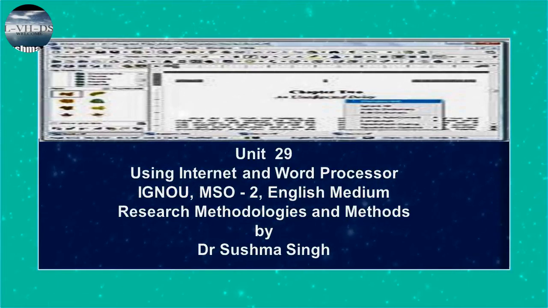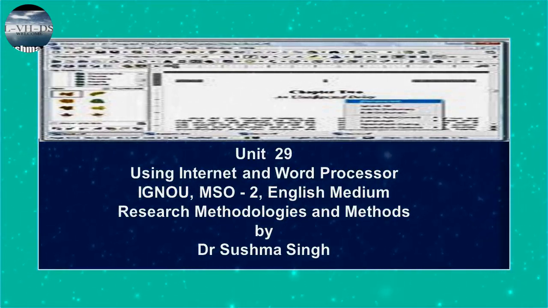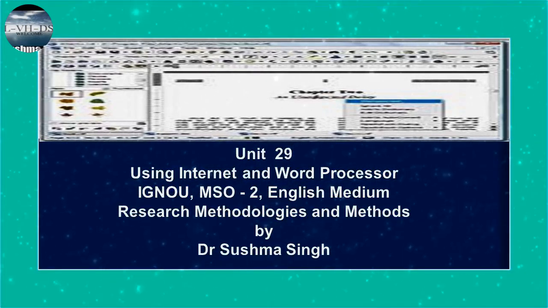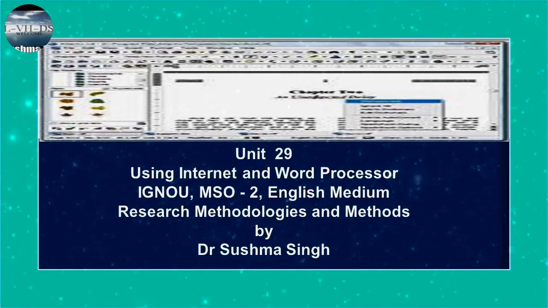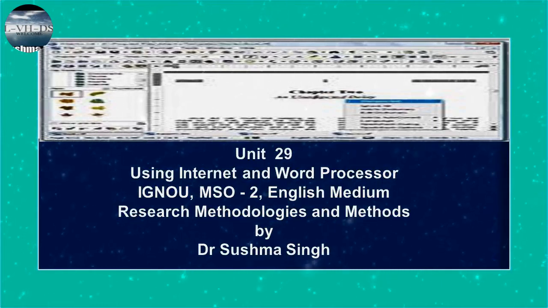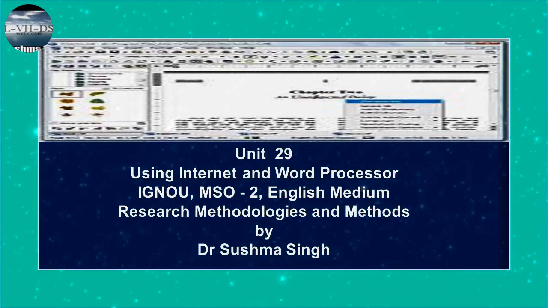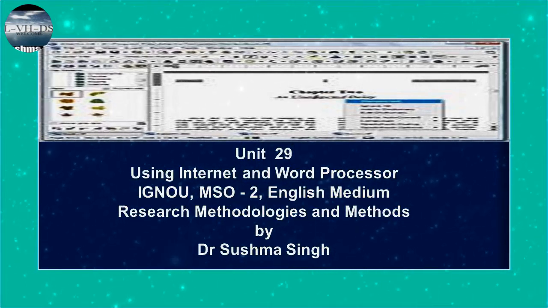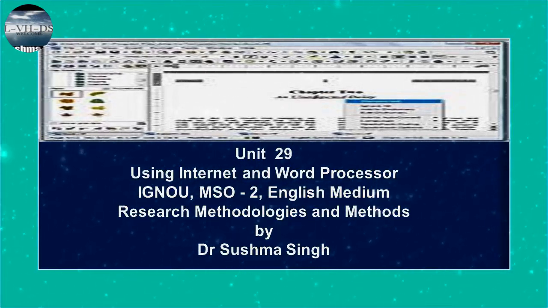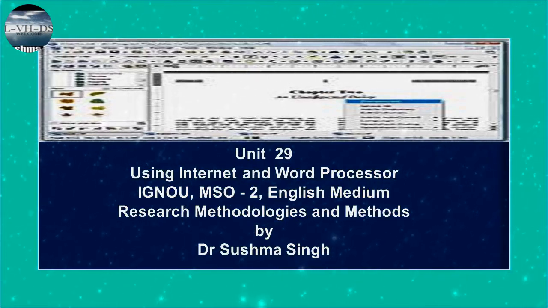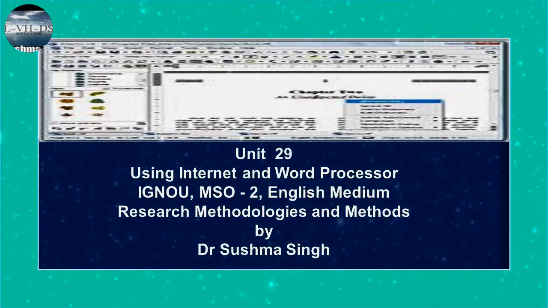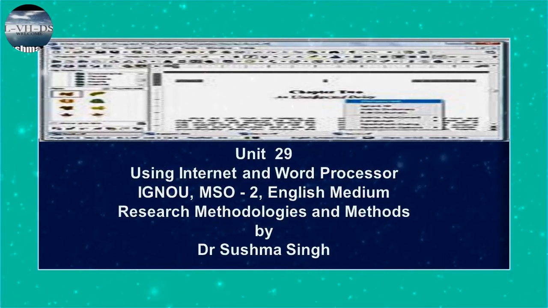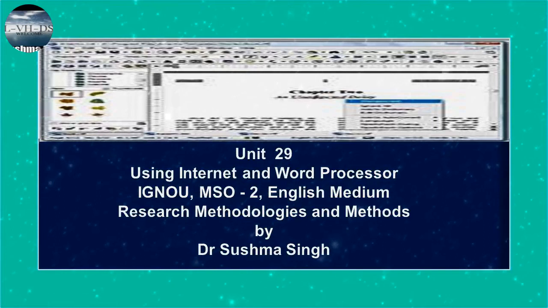Now let us discuss using email. Email comes as an integral part of our browser software, for example, Outlook Express with Microsoft Internet Explorer. On setting up your browser software, you are also asked to establish your connection with the Internet Service Provider, ISP.